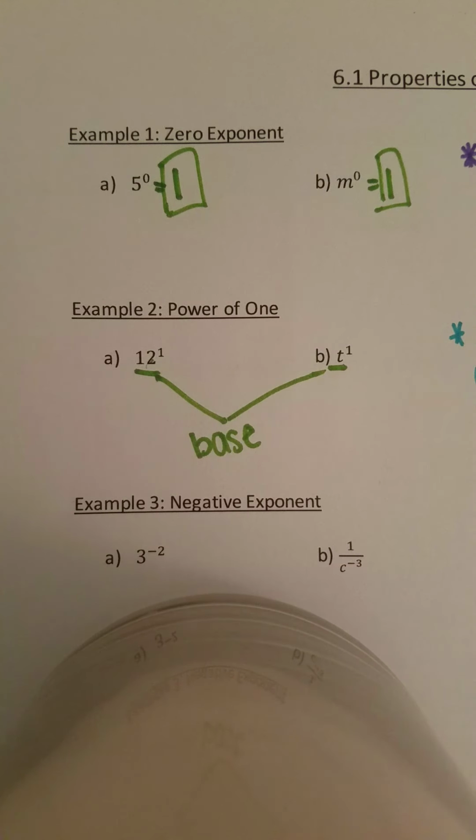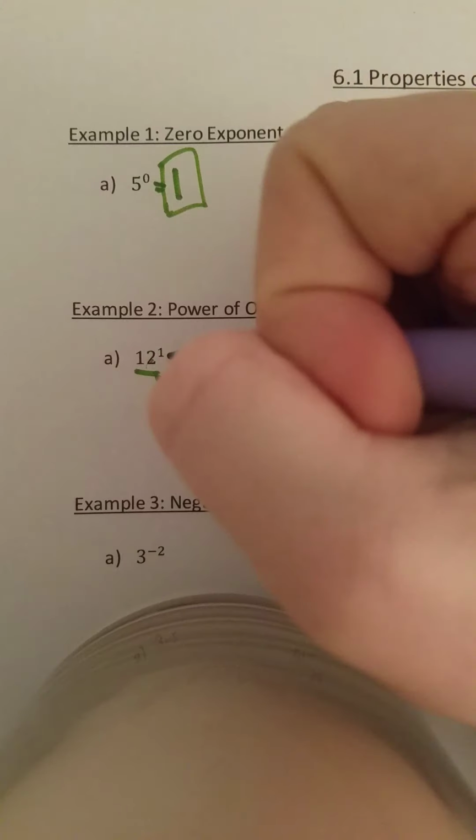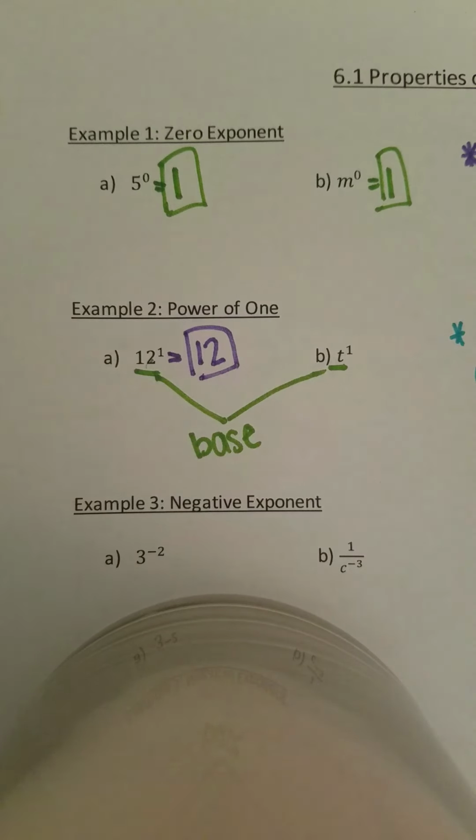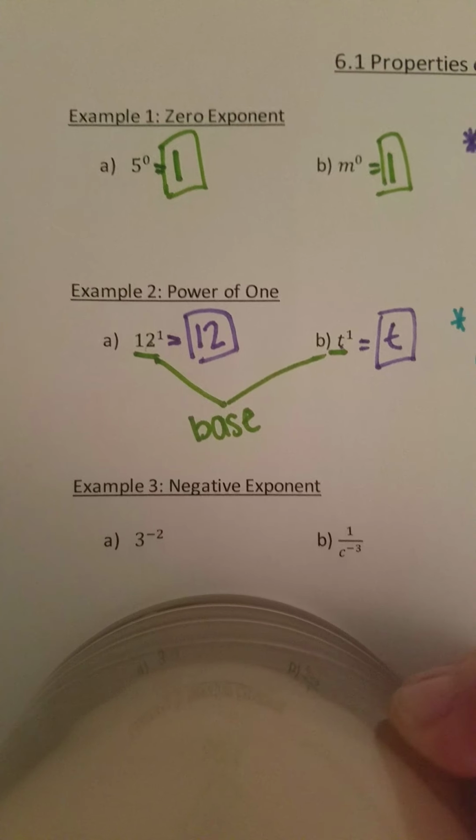And because we have the 1 as the exponent, this 12 to the first power just equals 12. And here we have t to the first power. And since it's to the first power, it's just whatever the base is. So this just equals letter t. So that's it for when it's the power of 1. You basically can just pretend like it's not there and just take whatever number.